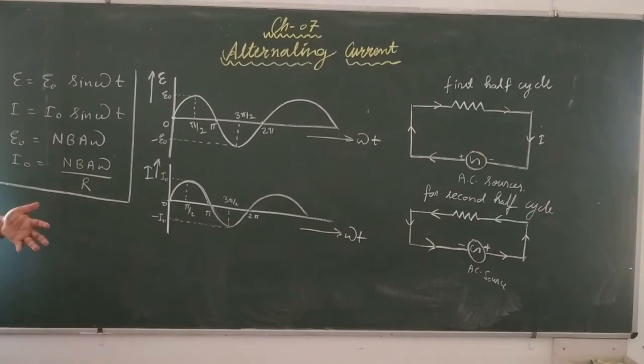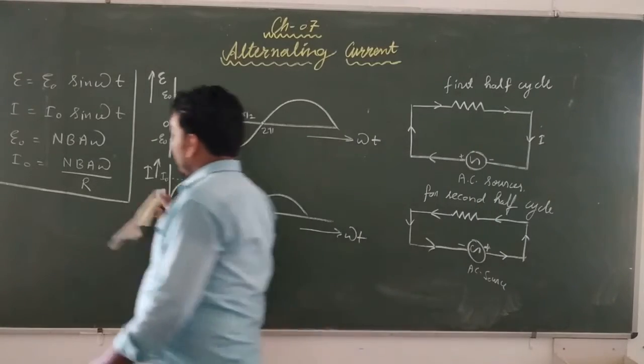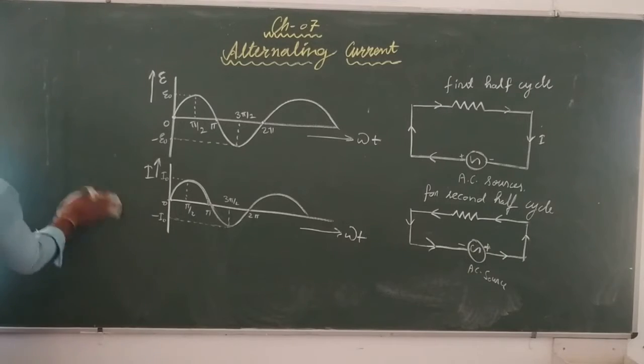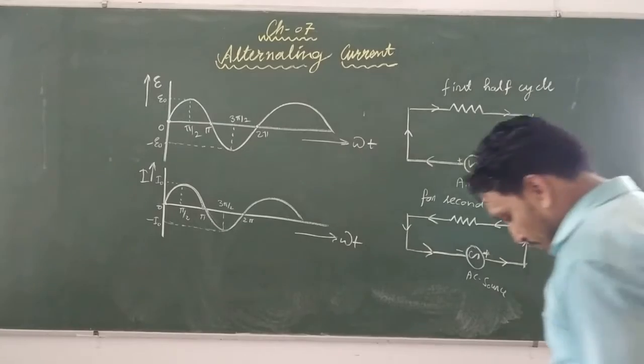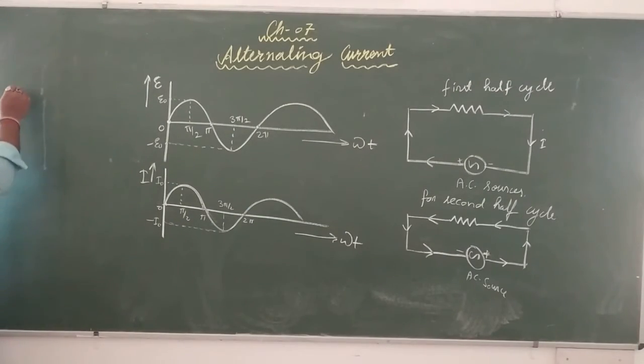So from here we define alternating current. How do we define it?